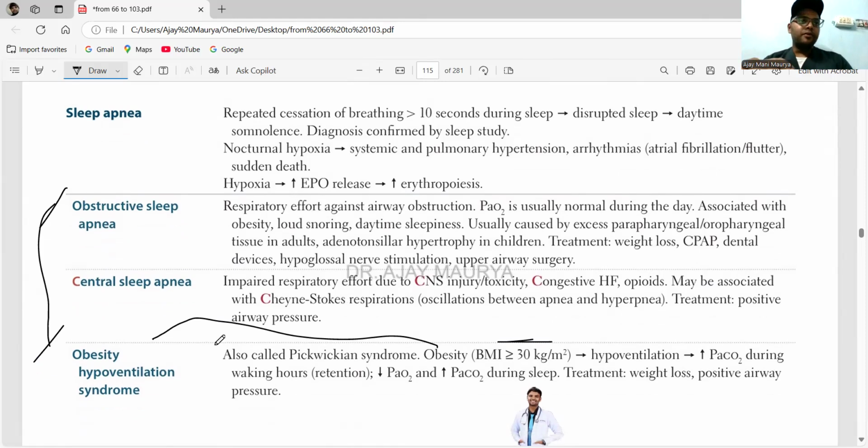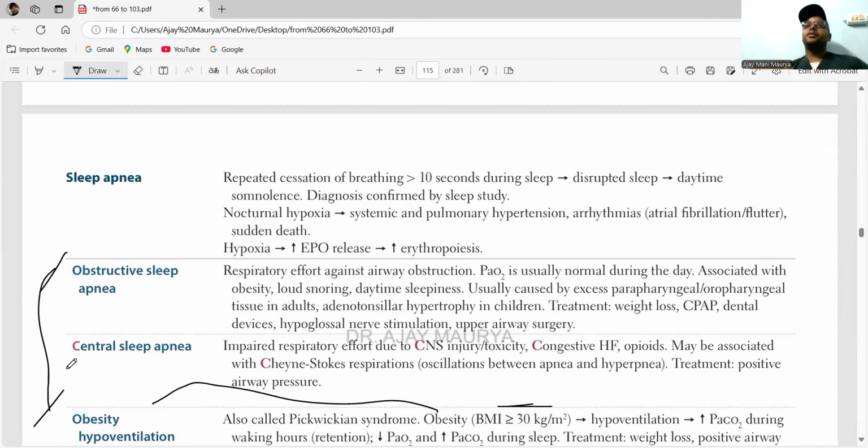Obesity hypoventilation syndrome is also called Pickwickian syndrome. BMI is more than 30, and there is hypoventilation, with an increase in the partial pressure of CO2 during waking hours. That's why there is a decrease in partial oxygen and an increase in the partial pressure of CO2 during sleep, hence hypoventilation. The treatment is PAP, positive airway pressure, and weight loss for the patient.